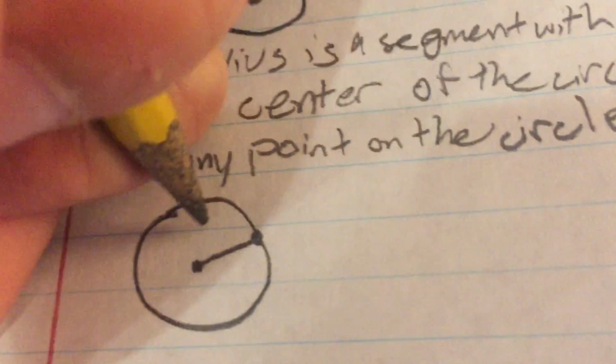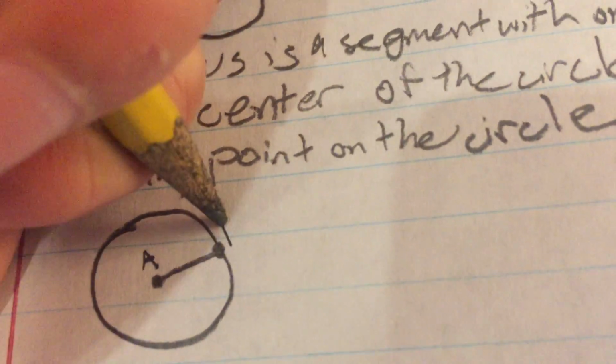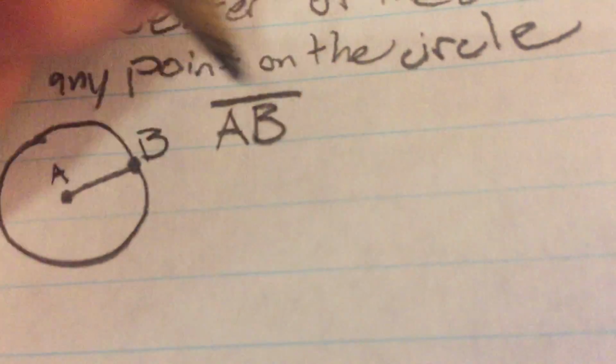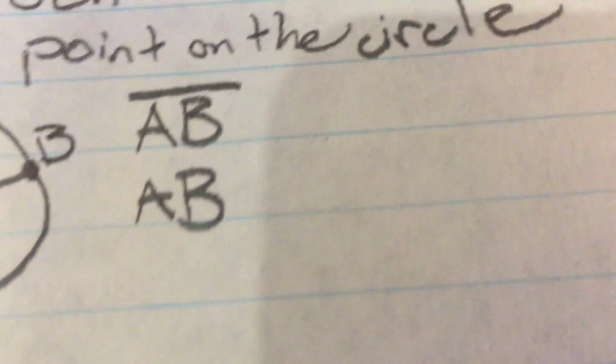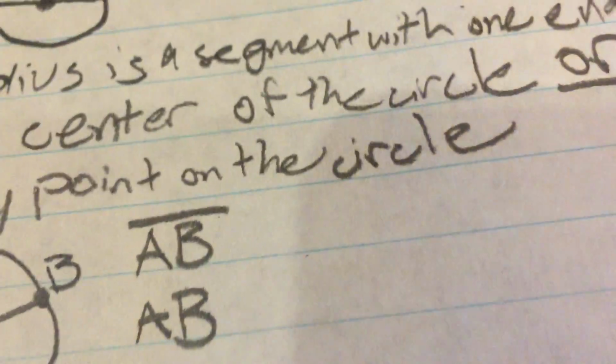Draw a line. This is the radius, and this is called the center A, and this endpoint B. So you can call this segment the radius, but you can also call its distance, its length, the radius too. And then the plural of radius is radii, if you didn't know that.